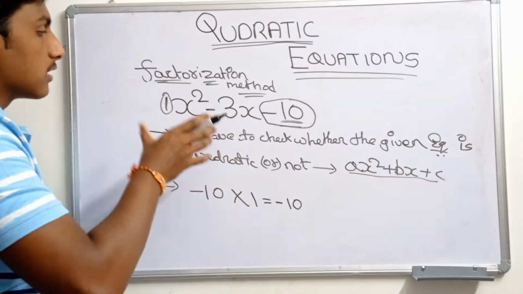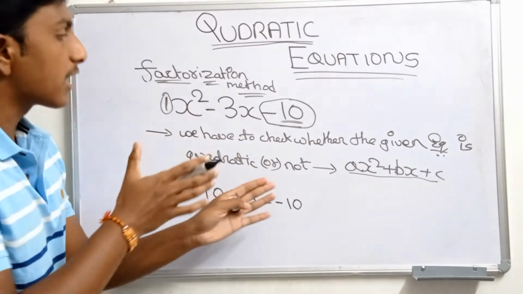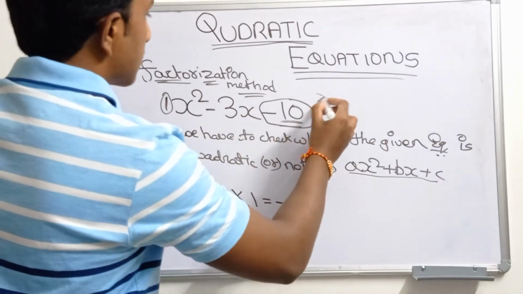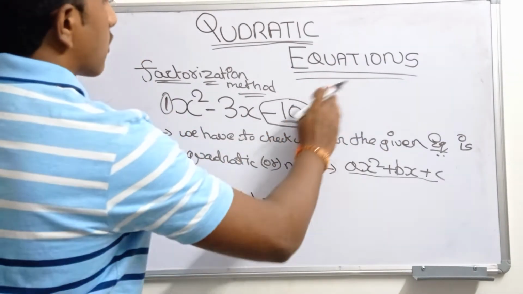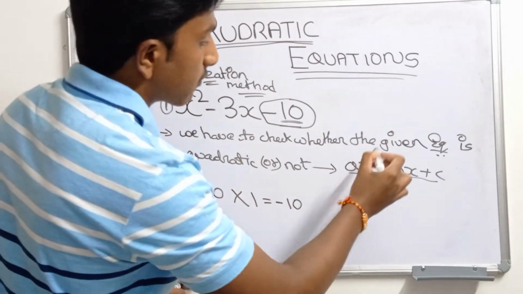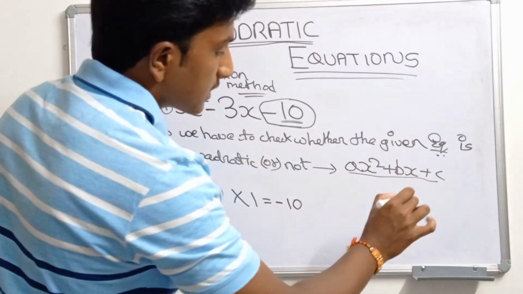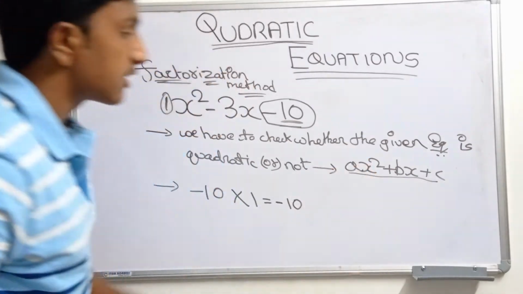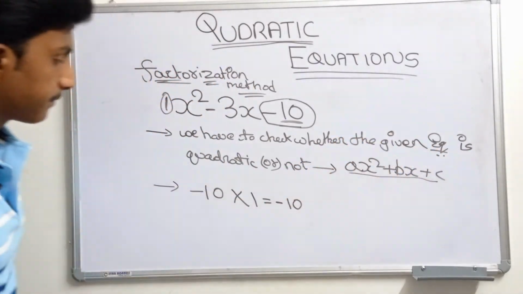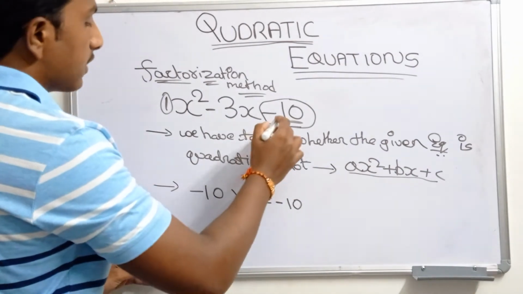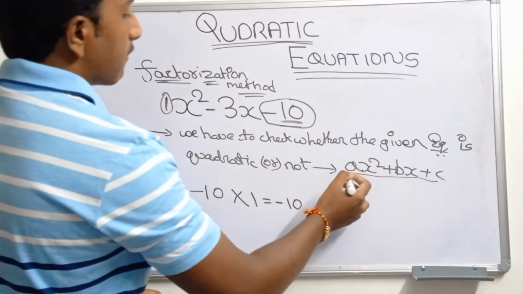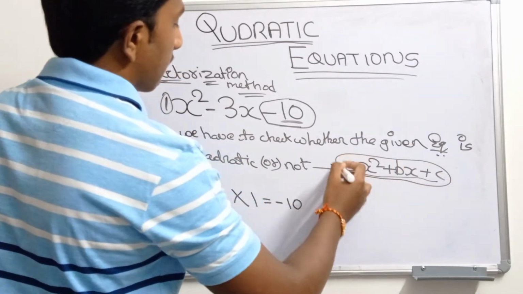This factorization method is only for quadratic equations, but not for cubic equations or polynomials of degree 4; these are not valid. This is only for quadratic equations in the form of ax square plus bx plus c. Here the signs or the real numbers change, but the format always remains the same, guys. So the first thing is to check whether the given equation is quadratic and whether it is given in this form.